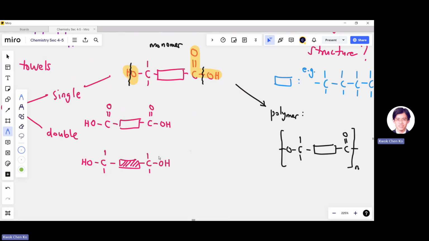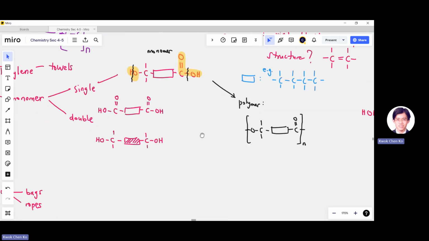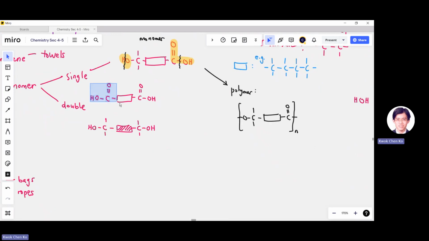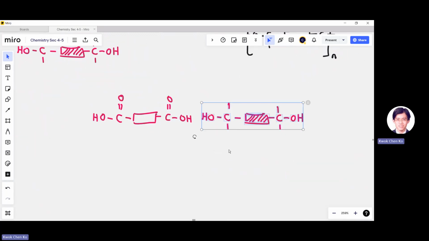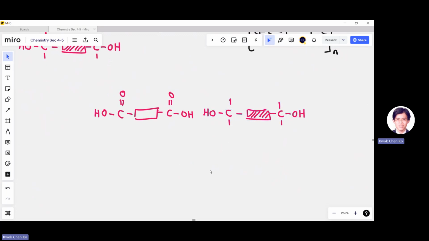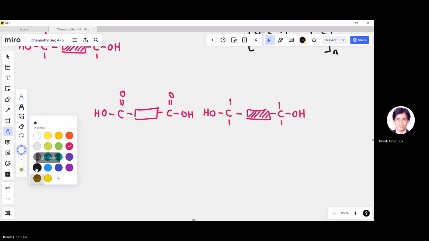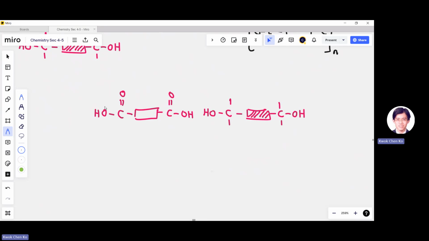So now I have two. You know what's going to happen? They will line up together as well. Okay, make it easy for you. I only have this and this. Can they line up together? Then you have to know where they're going to break. This one?